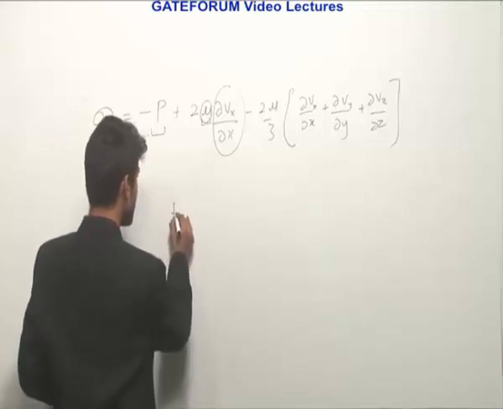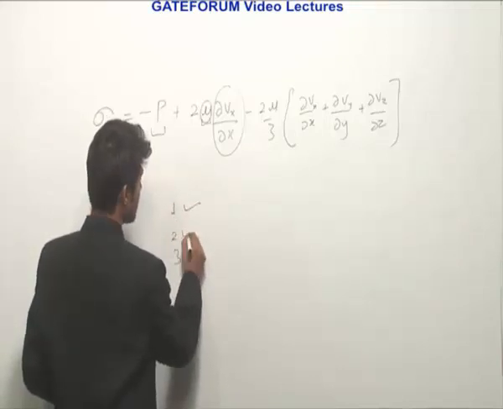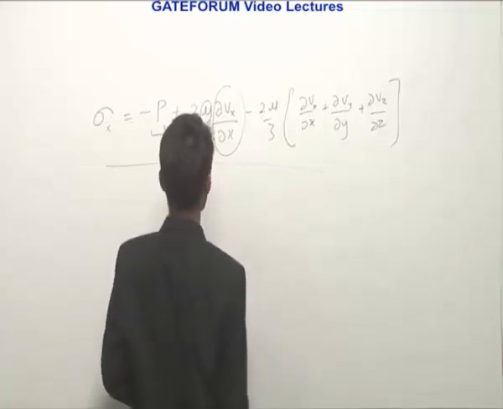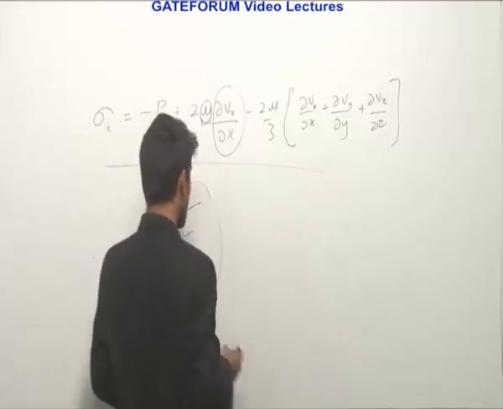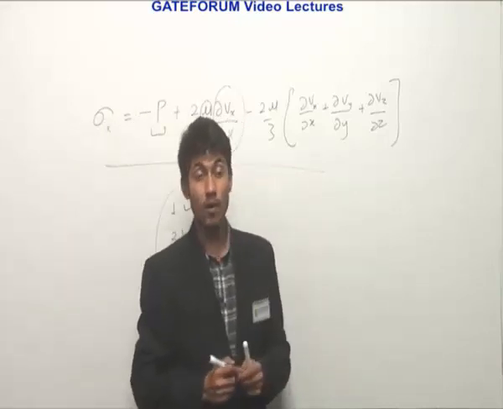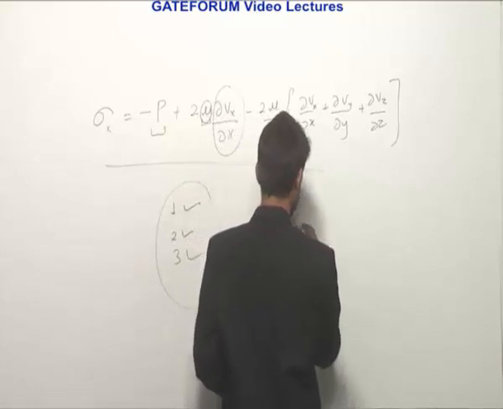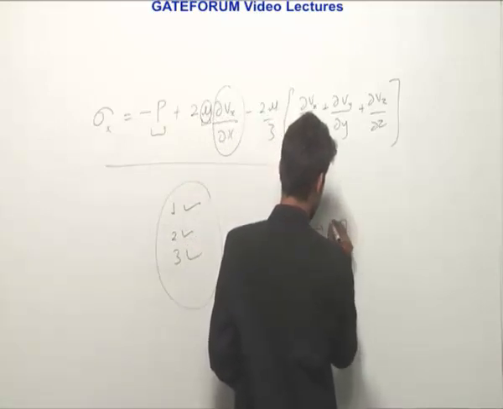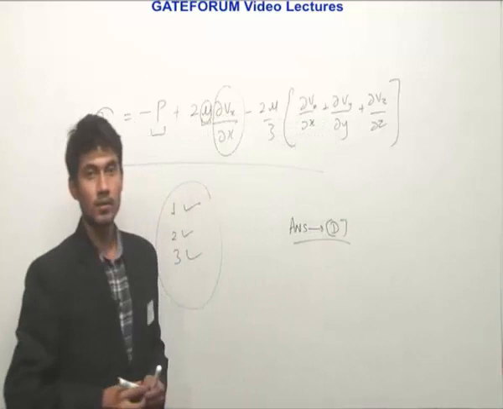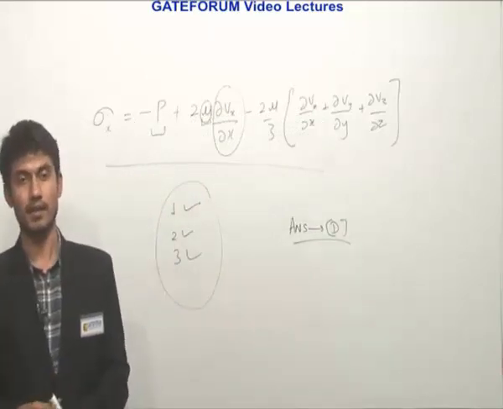Since all three, 1, 2 and 3, are appearing in this formula, we can put our answer as 1, 2 and 3 all correct. So the answer will be option D, which suggests all 1, 2 and 3 statements are correct.